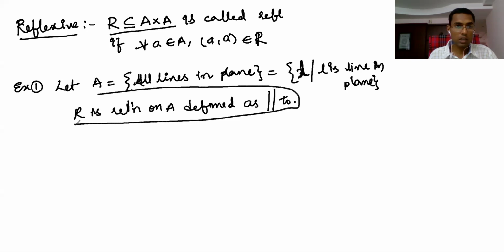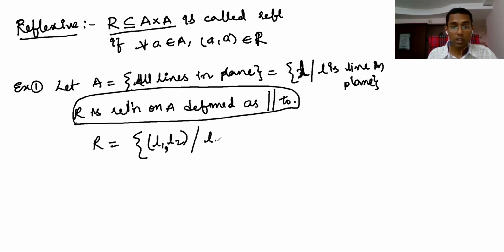R is the relation defined as parallel to, meaning R equal to the set of (L1, L2) such that L1 is parallel to L2. An ordered pair should be there.